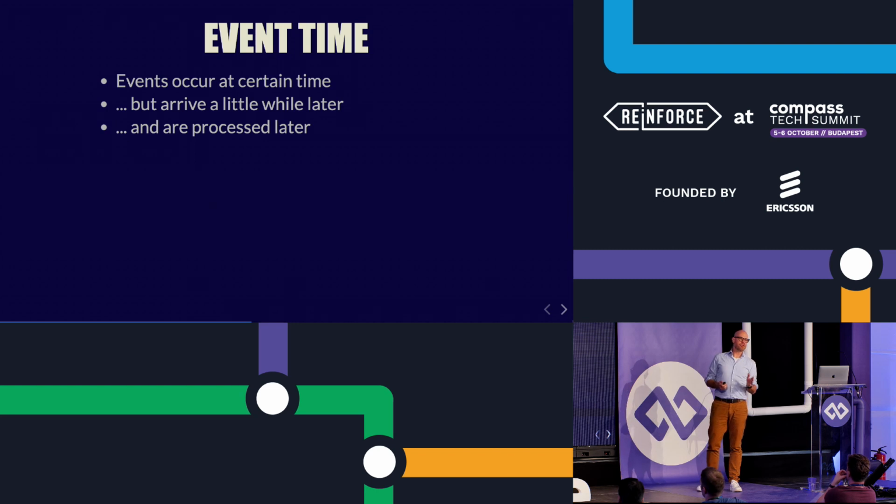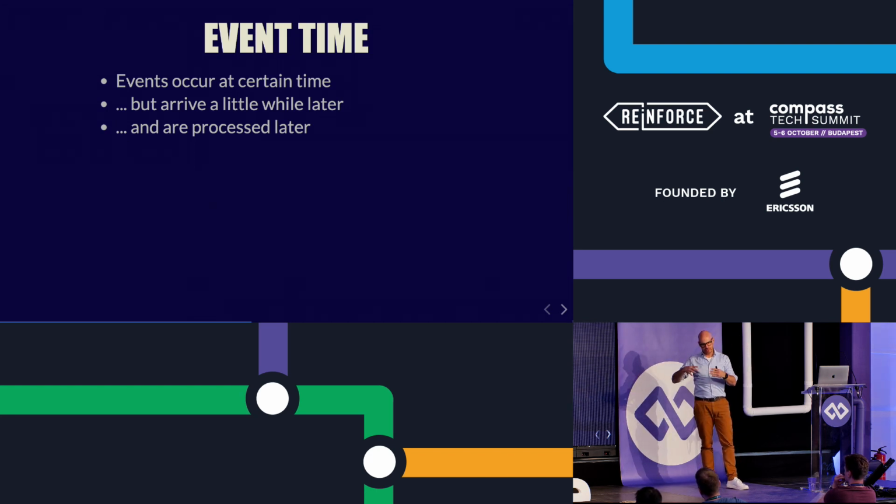There are a few different timestamps that you have to be aware of, starting with the event that occurs at a certain time. That's probably the most important timestamp. So that is, for example, the exact time in milliseconds that a customer clicks on a web page, or the exact time that a payment is made. Just continuing with these two examples. But that travels a long way across the network.